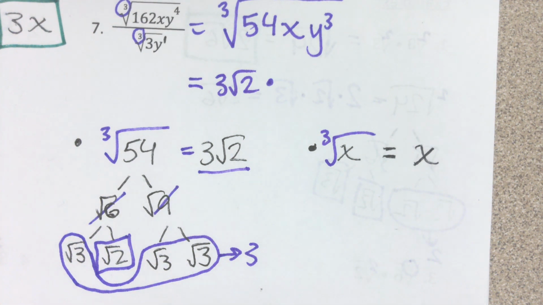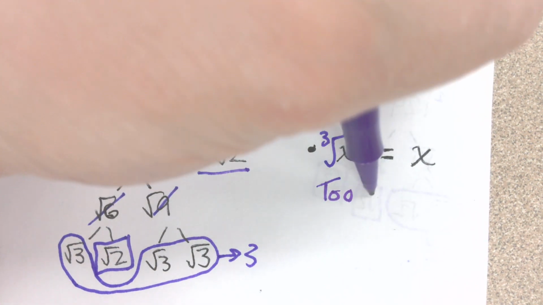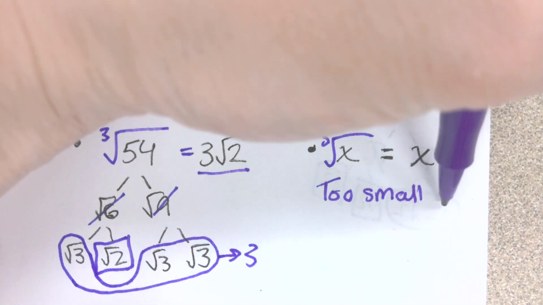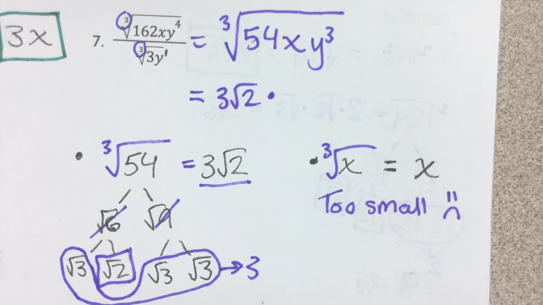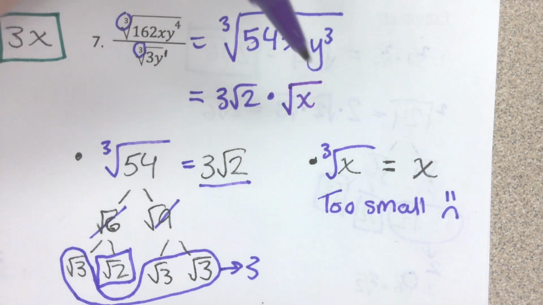We don't even have enough x's to make a full group, so when this happens, in this case it's too small, it's just going to stay under the radical, and that's all you can say. So I'm still going to have cube root of x up here.